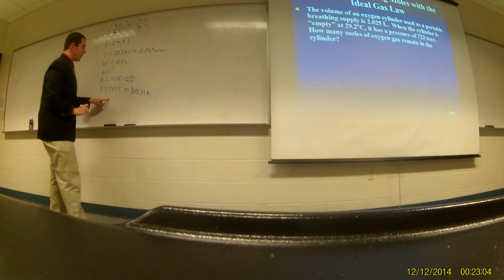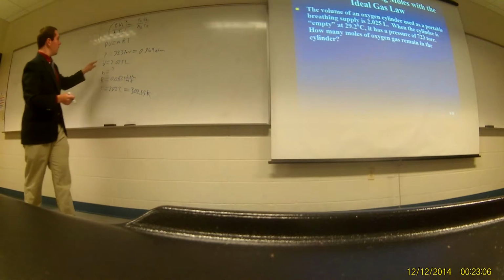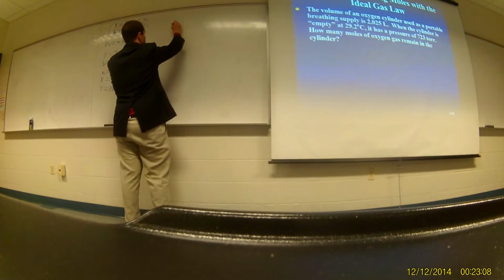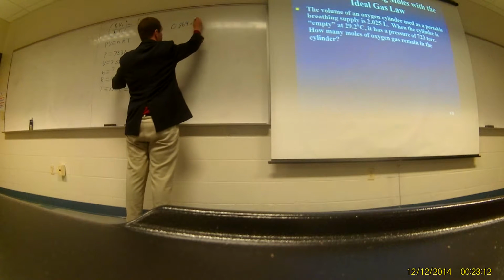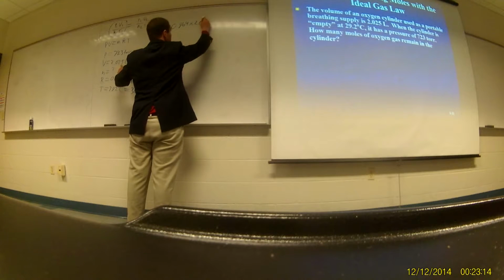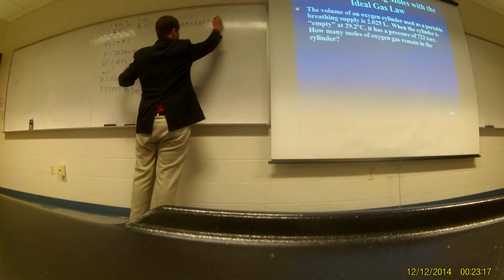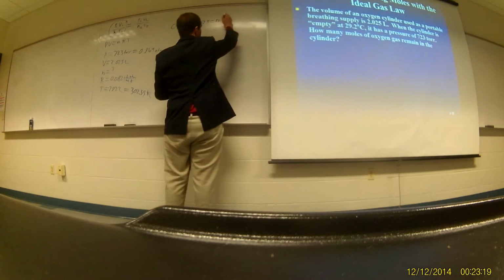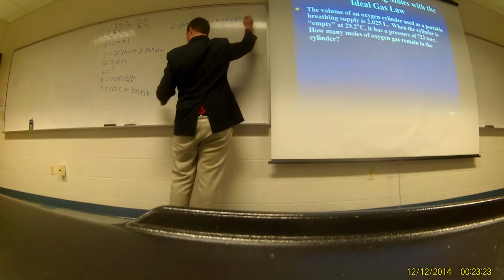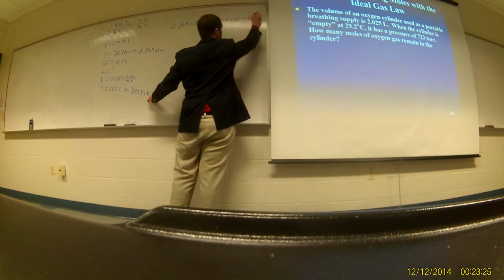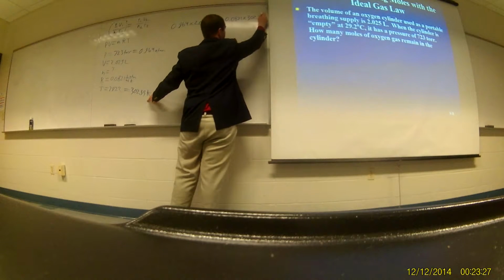Kelvin. Now we can plug them in. So we've got 0.964 times 2.025 equals n times 0.0821 times 302.35.